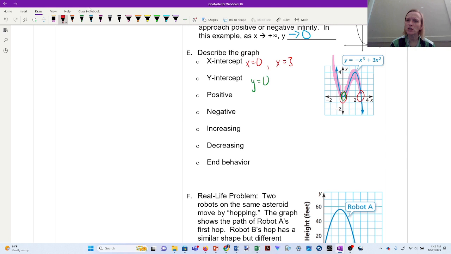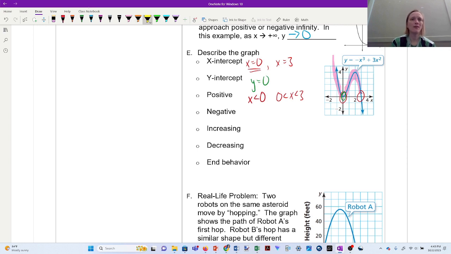Here, this pink region is every place where x is less than 0. So the graph is positive when x is less than 0. See how I base that off of one of my intercepts? And the graph is also positive when I'm between 0 and 3. So when x is greater than 0 but less than 3, this graph is also positive.